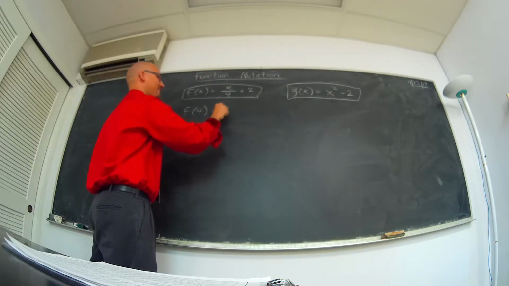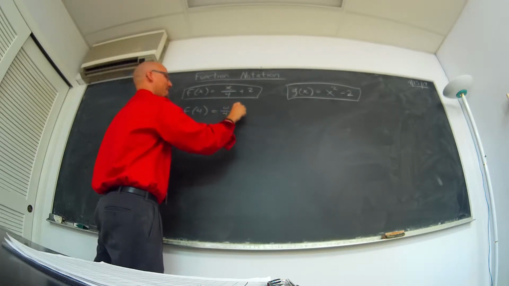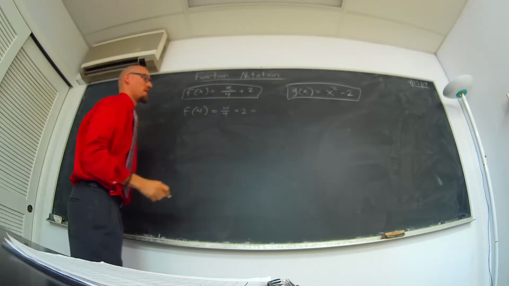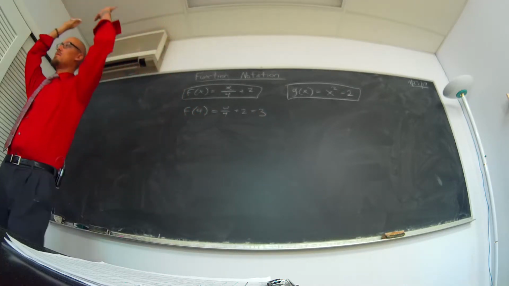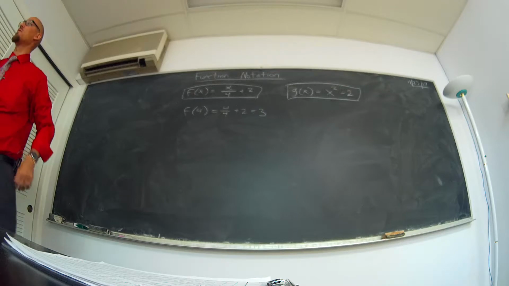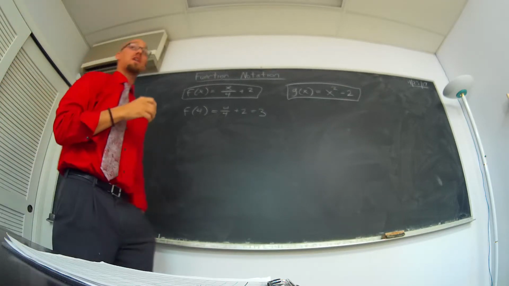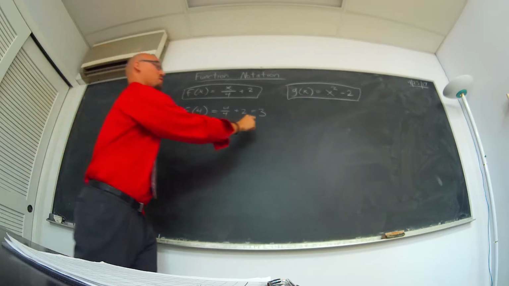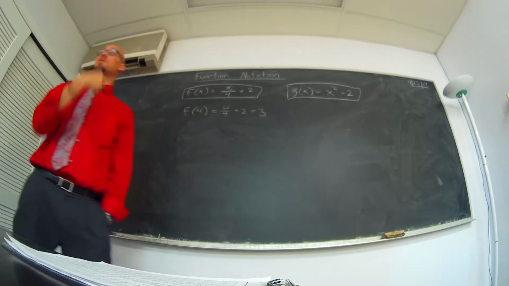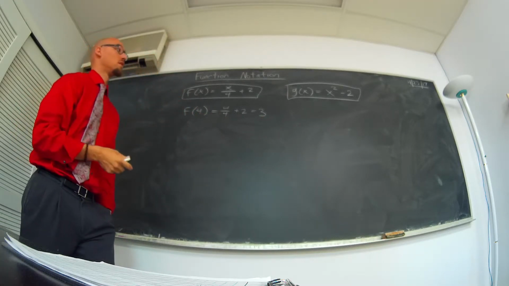And 4 over 4 will become 1, plus 2 equals 3. You guys know the word evaluate means give me a value for. So when you evaluate a function, you're going to get a number out of it.